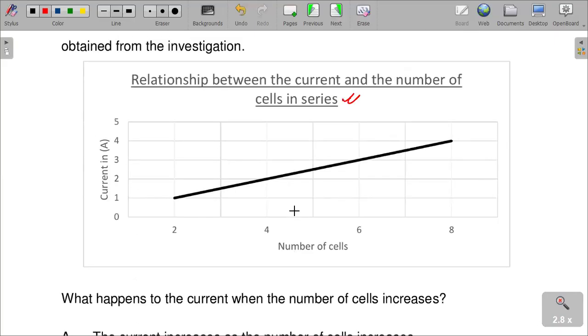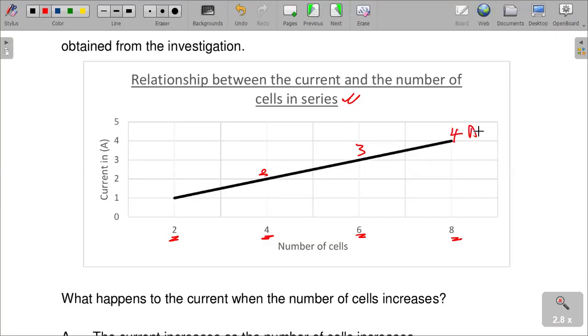From 0 cells there is nothing. From 2 cells, we have got a current of 1. When it is 4, we have got 2. When it is 6, we have got 3. When it is 8, we have got 4.